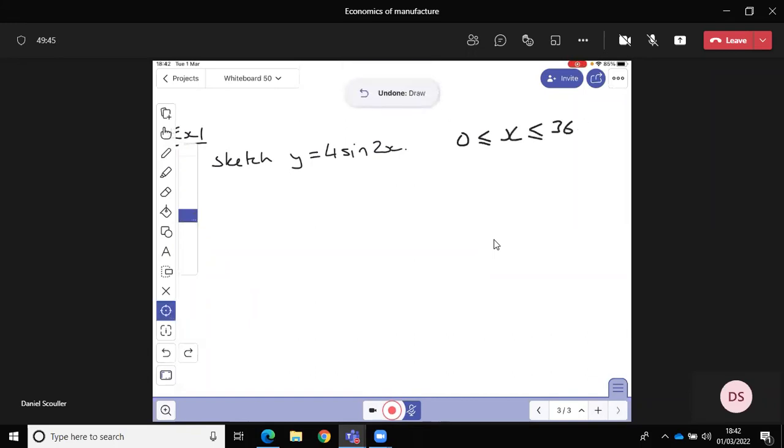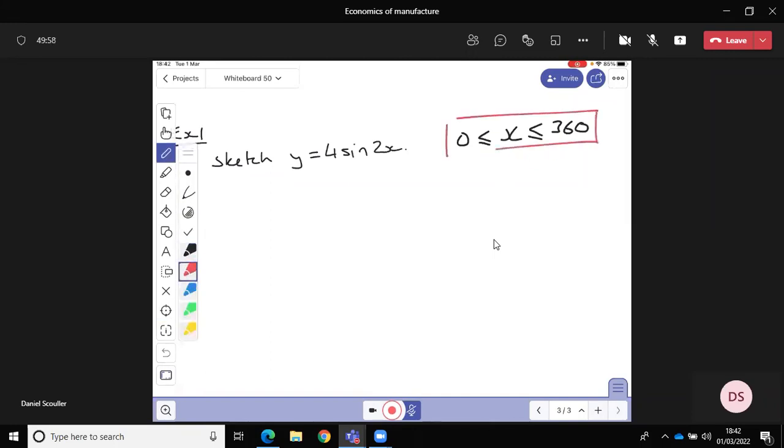Now all this part is doing is setting the limits for your x-axis. So that's what it wants you to show. 0 is the start, 360 is the finish.